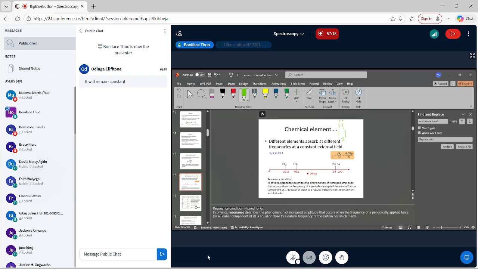In a weaker instrument, a lower polarizing magnetic field, you are not able to resolve those peaks into two different peaks. But when you increase the magnetic field, you increase the differences in terms of hertz. But when you convert, the value will be constant.